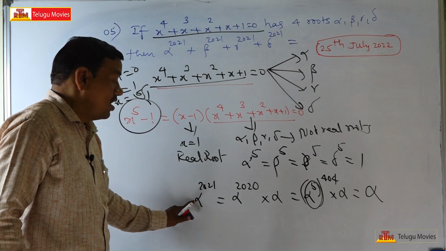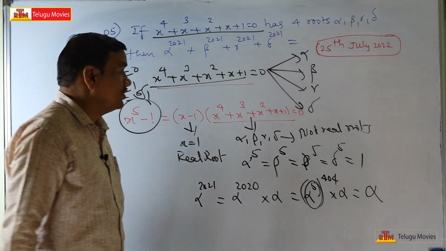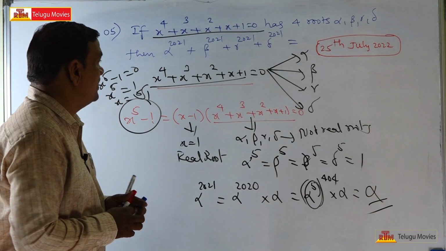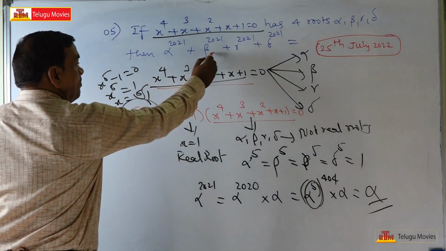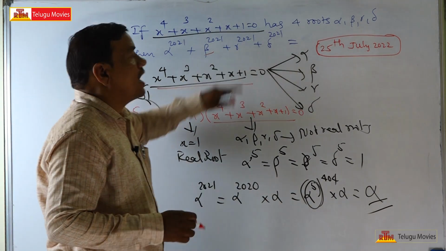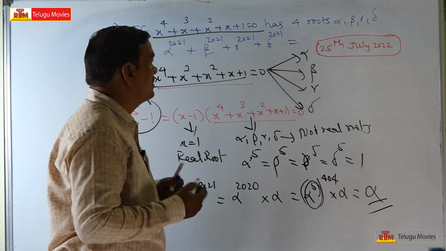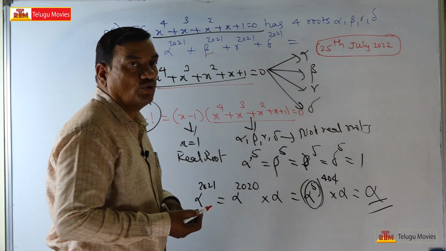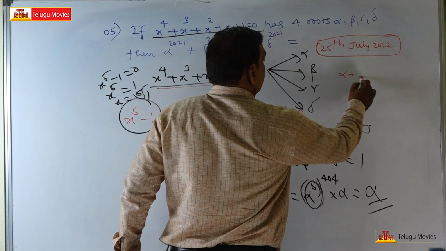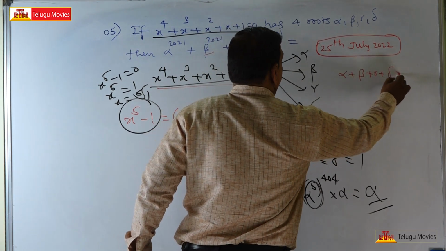So on the whole, alpha to the power of 2021 is alpha. Similarly, beta to the power of 2021 is beta, gamma to the power of 2021 is gamma, delta to the power of 2021 is delta. That is alpha plus beta plus gamma plus delta.